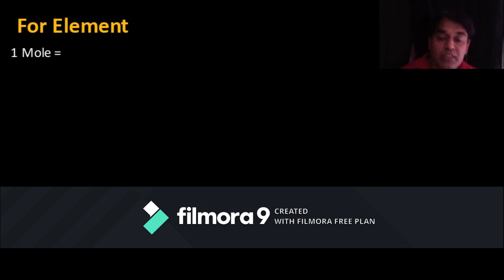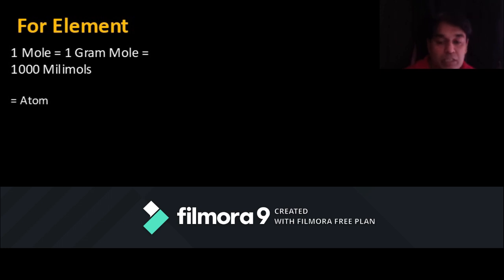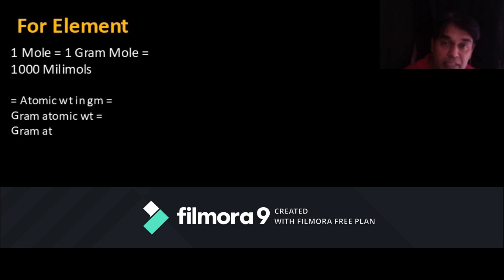For an element, 1 mole equals 1 gram mole, equals 1000 millimoles, equals the atomic weight in grams, meaning gram atomic weight, equals gram atomic mass, equals 6.023 × 10^23 atoms.